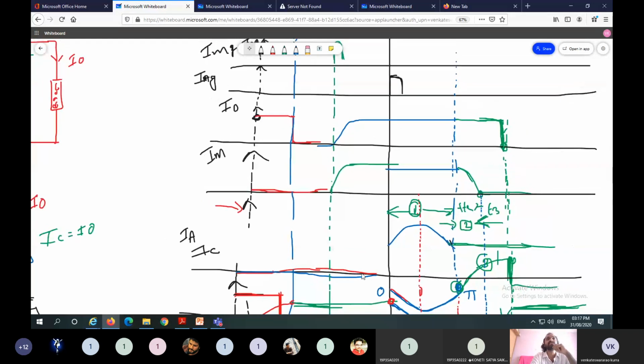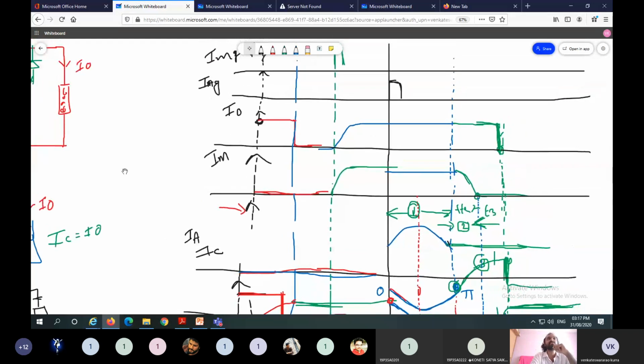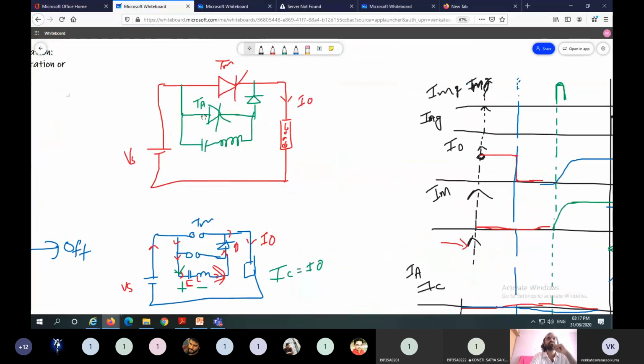Once the auxiliary thyristor is turned on, the capacitor starts discharging, and again after a certain time the capacitor charges and discharges again like this. Current flows in this direction, and the main thyristor will be turned off. Like this we can turn off the main thyristor by triggering the auxiliary thyristor. This is class B commutation.